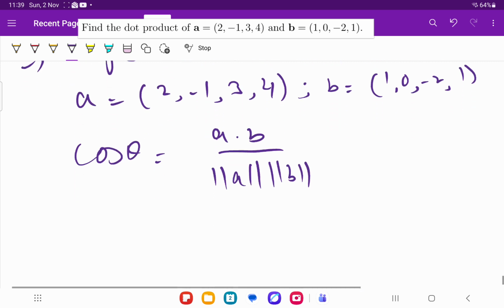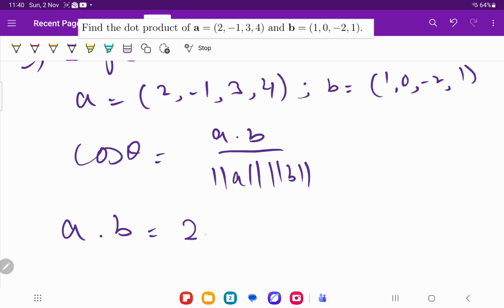So the first thing is the dot product. A dot B, element by element multiplication: 2 multiplied by 1, answer is 2, minus 1 multiplied by 0, answer is 0, 3 multiplied by minus 2, answer is minus 6, and 4 multiplied by 1 is 4.